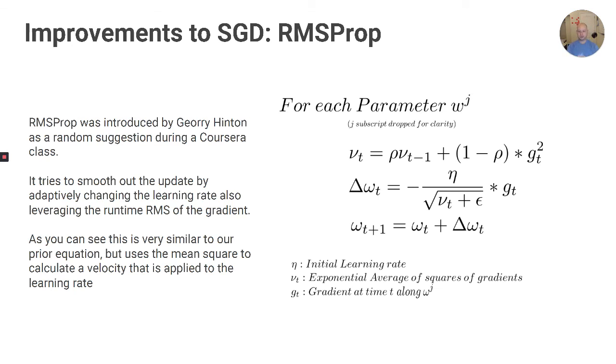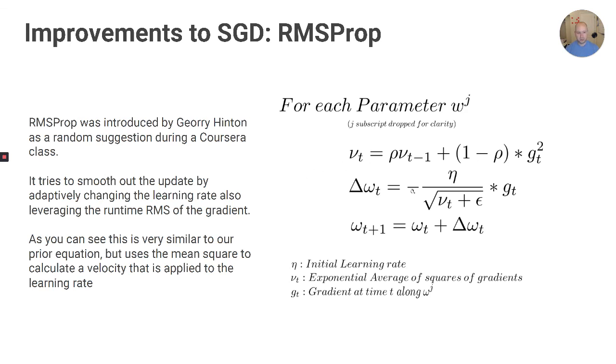But what it's trying to do is update the learning rate adaptively. And it does that by leveraging this running RMS, or root mean square, of the gradient. You can see here it's similar to this velocity. Again, we're seeing this exponentially weighted sum, but we're updating it based on the value of the gradient of the root mean square.